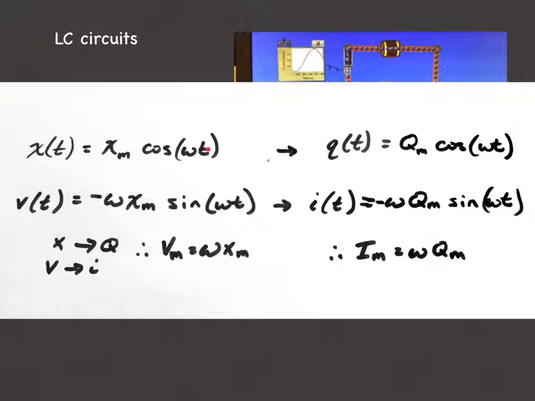To relate these two, the charge is analogous to the spring stretch, and the current is analogous to the velocity. So we just change the equation by putting q's where the x's are, and putting I's where the v's are. And if this is the maximum speed, this is the maximum current.